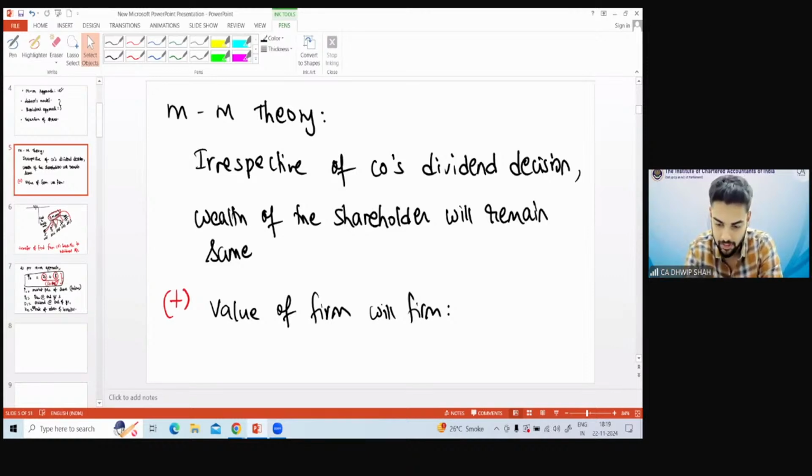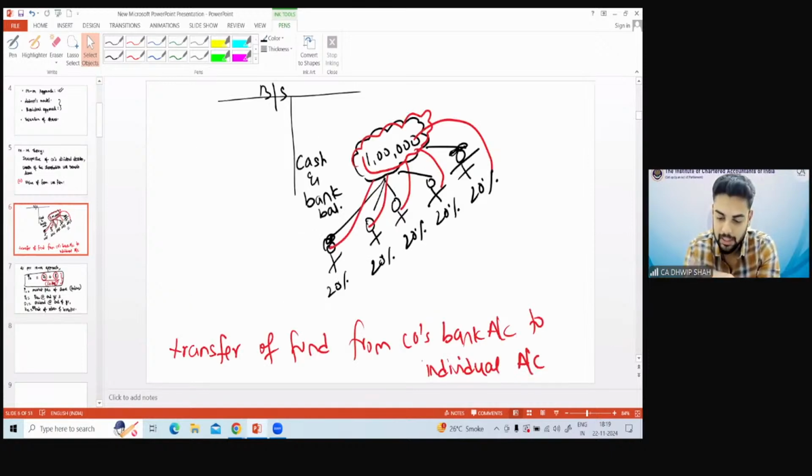Slide number 5. I explained that as per the MM approach, whatever the dividend decision of the company may be, whether the company pays dividend or does not pay dividend, the wealth of the shareholder will not change. It will remain the same. Why? Because it is just a mere transfer of bank balance from the company's bank account to the individual's bank account.